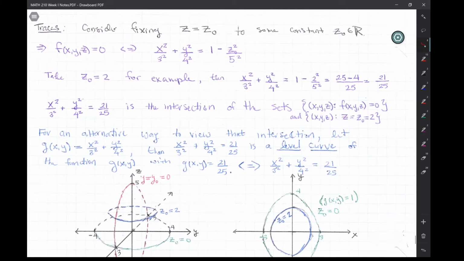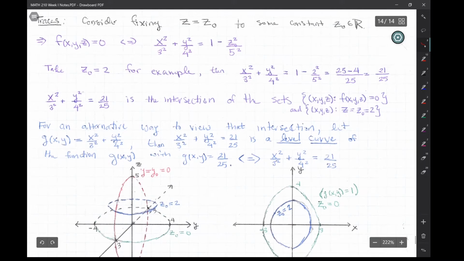What is that set z equal to 2? That's a simple plane, parallel to the xy plane, but at z equals 2. You could think about it as this plane up here.